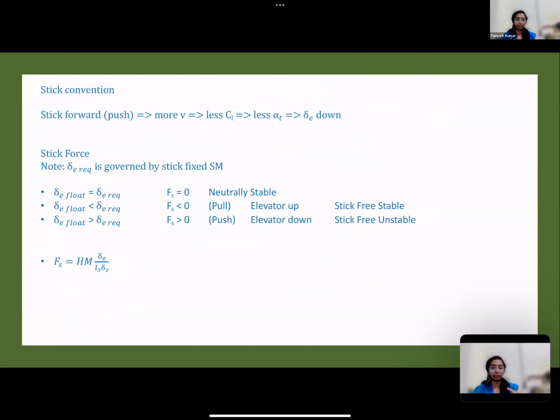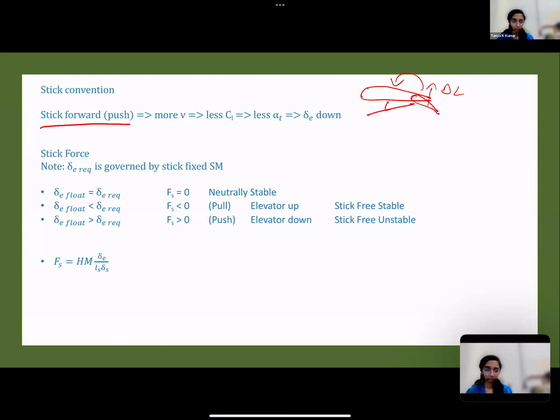If I deflect my elevator down, you increase your delta L, which produces a pitch down moment and reduces the angle of attack seen at the tail. So stick pushing forward is delta E down.